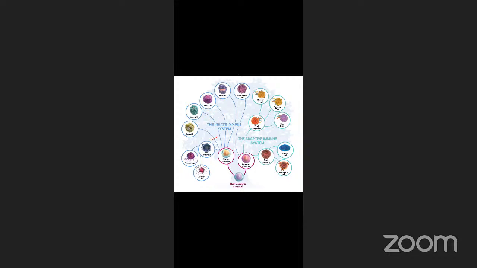If the monocytes migrate into the liver tissue, they differentiate into Kupffer cells. If they migrate into lung tissues, we call them alveolar macrophages.